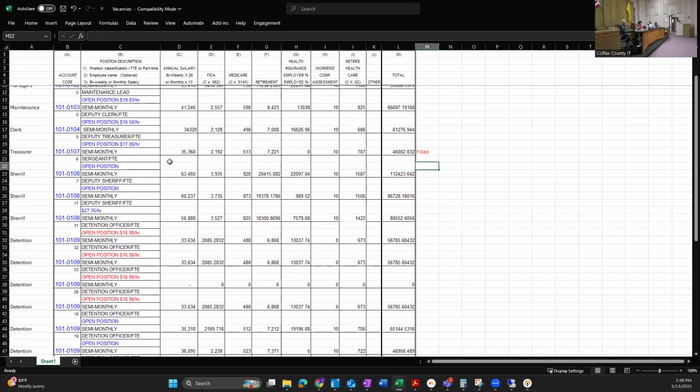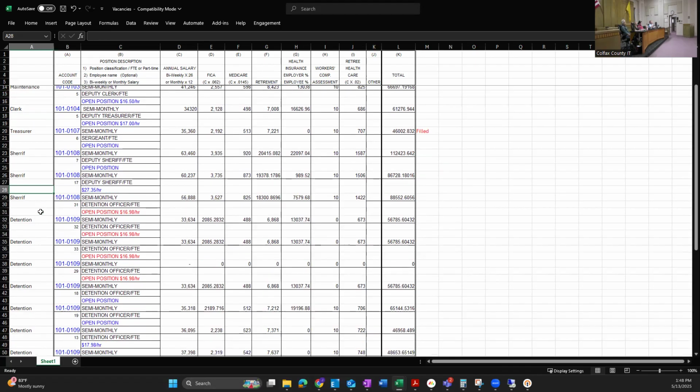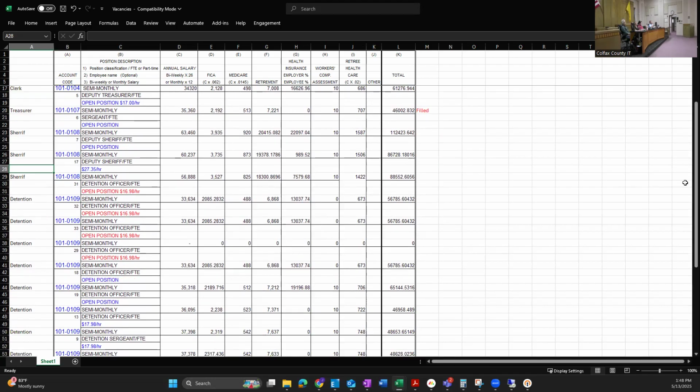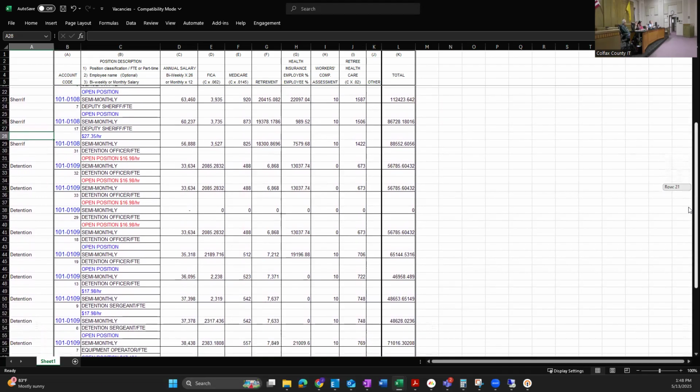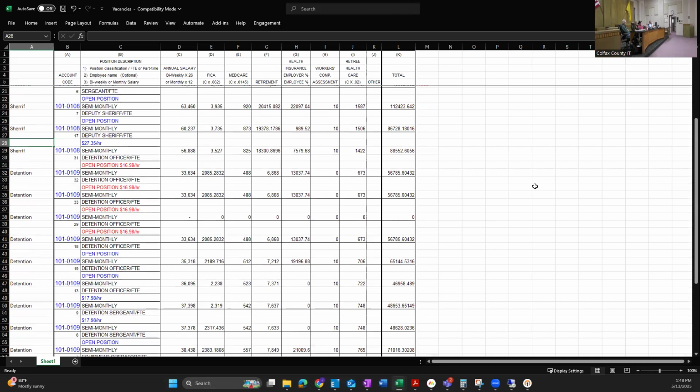No, okay. Sheriff, do you still have that one open position? Two open. And then there's 4, which looks correct, but we have one additional opening for the jail, as far as the detention officer?